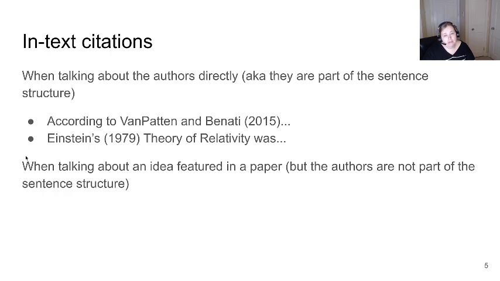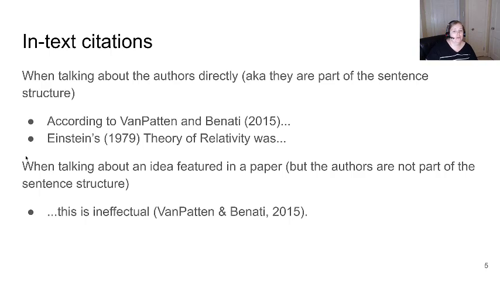But I could just talk about their idea or an idea related to them and use them as evidence, in which case I wouldn't actually be saying their name, right? So let's imagine Van Patten and Bonatti made claims about explicit information not being extremely useful, or not primarily useless. So let's imagine I'm making a claim about that.